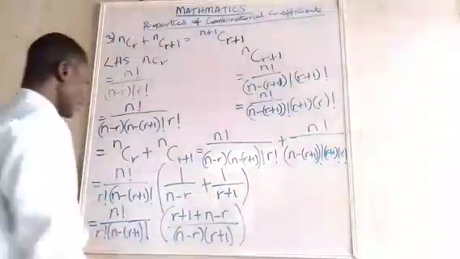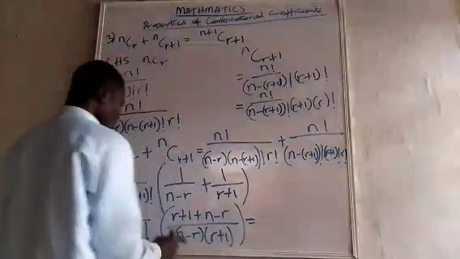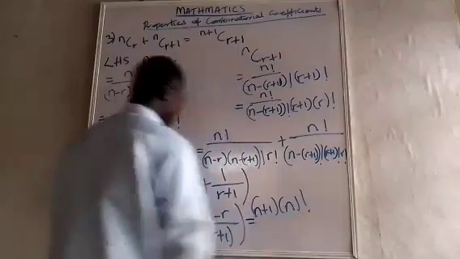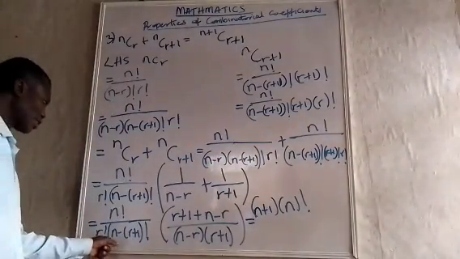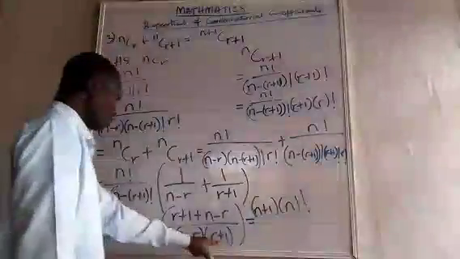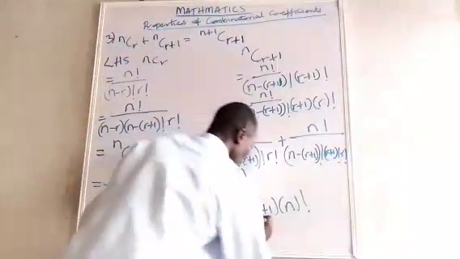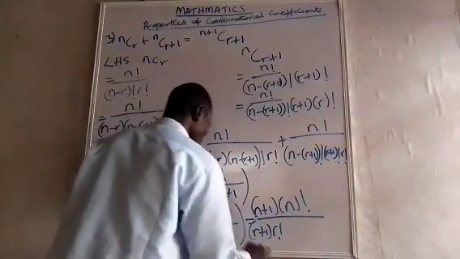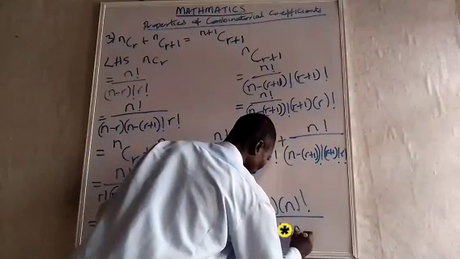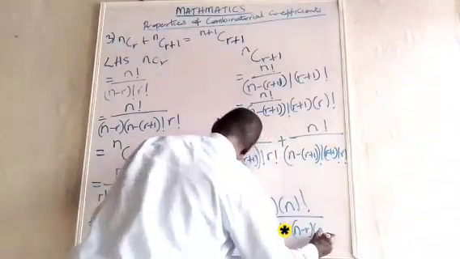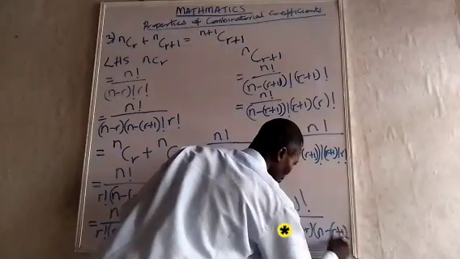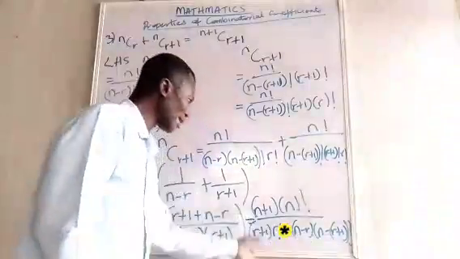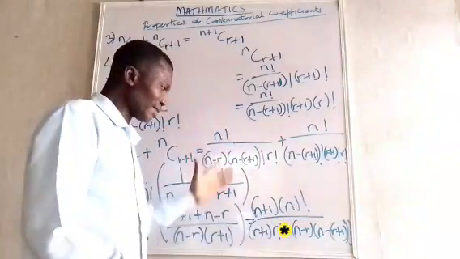So you can see that at the end of the day, this is going to give me (n plus 1) into n factorial. That is the numerator. The denominator is now going to give me (r plus 1) multiplied by r factorial, into (n minus r) into (n minus r minus 1) factorial. So you can see, this one has given us a new and easy expression.